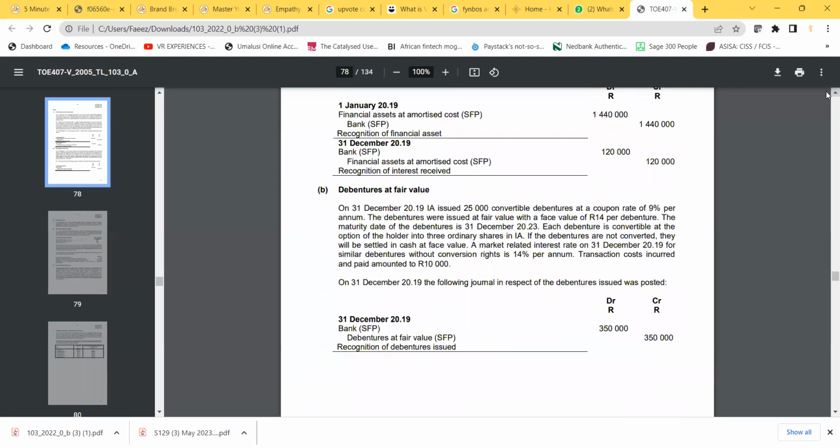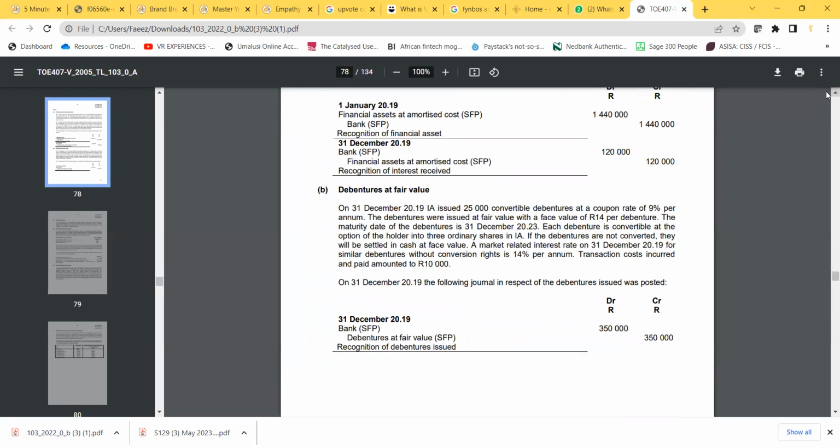So here we have note number B. Once again, when we deal with a financial instruments question, it's important to identify whether you're dealing with a financial asset, a financial liability, or an equity instrument. If you purchase a financial instrument, then you have a financial asset.